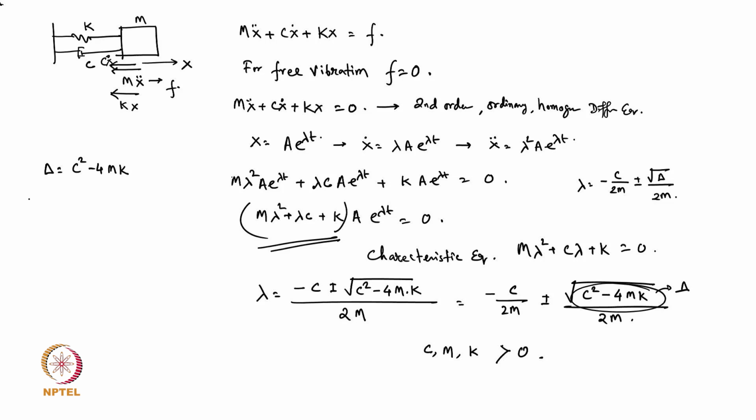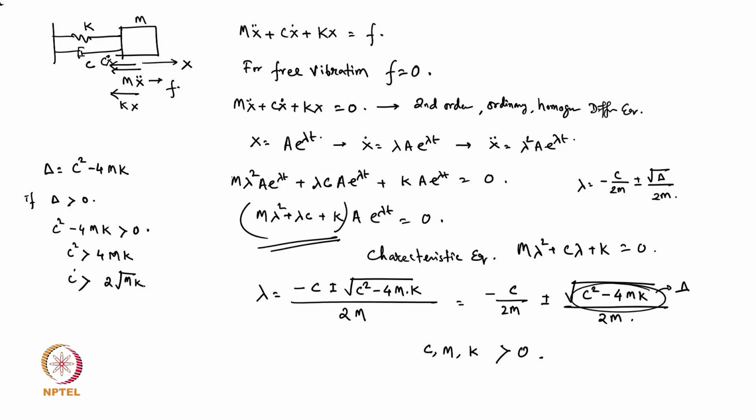Now if delta is greater than 0, that means c square minus 4mk is greater than 0. So c square is greater than 4mk, which means c is greater than 2 root over of mk.